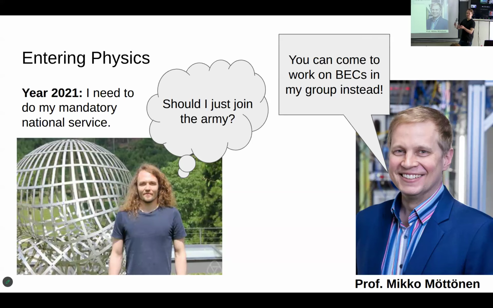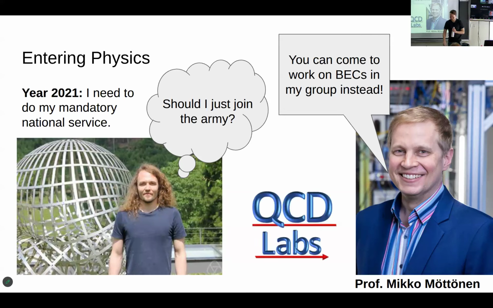He thought I could do some useful work there for a year. That's how I joined the group, which is called QCD Labs, and they even have a logo. Basically all this work about vortex knots is from the time when I was working in QCD Labs.